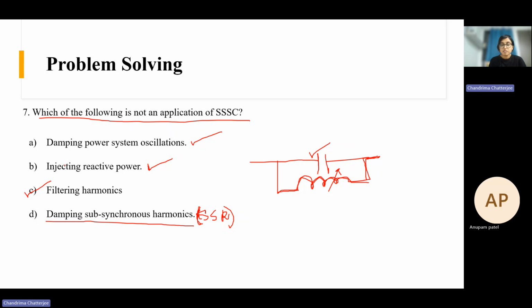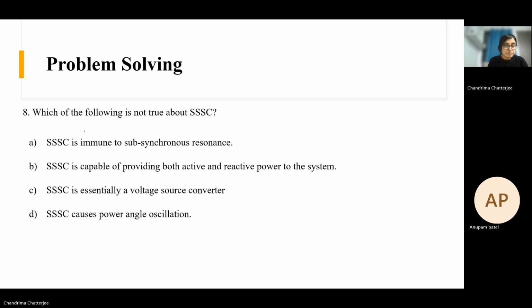Other than that, these three are the applications. Which of the following is not true about SSSC? SSSC is immune to subsynchronous resonance. That is true, we just said. SSSC is capable of providing both active and reactive power to the system. This we will discuss.